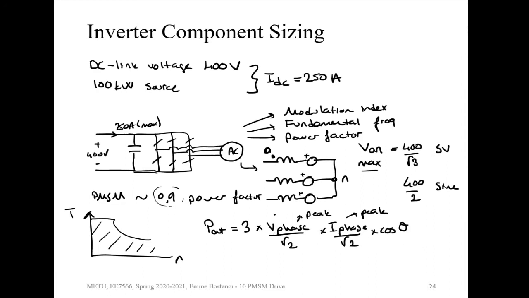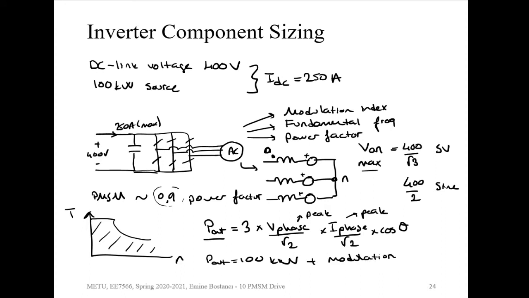And I know the phase voltage because let's look into the maximum phase voltage. As P out changes, we need to have different phase currents. Let's look at P out equal to 100 kilowatts and modulation index equal to 1.